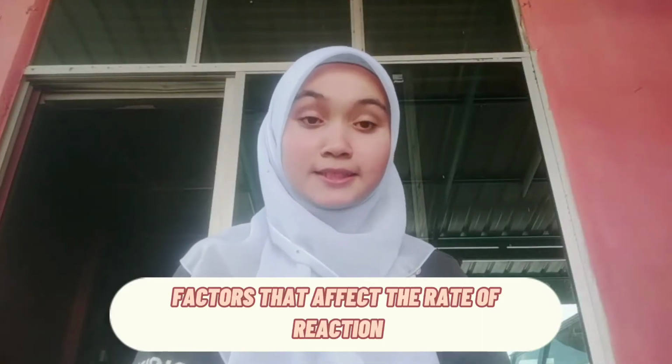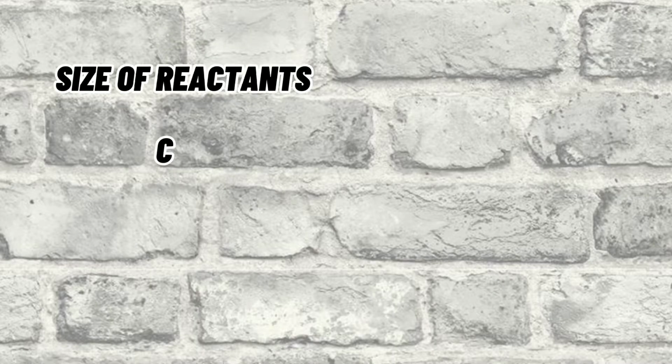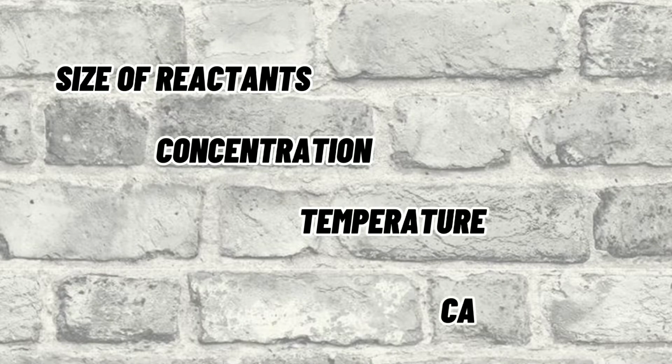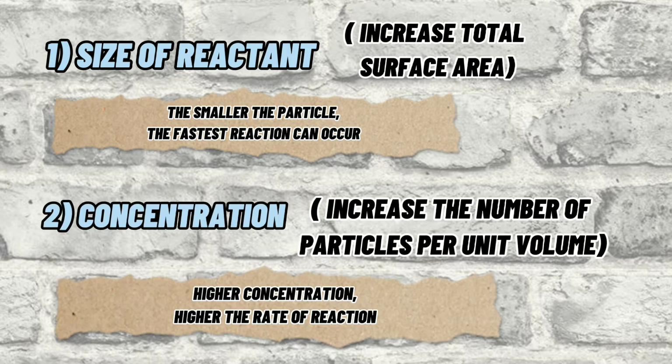There are 5 factors that affect the rate of reaction. That is size of reactant, concentration, temperature, catalyst. For the size of reactant, the smaller the particle, the faster the reaction occurs because it increases the total surface area. For the concentration, the higher the concentration, the higher the rate of reaction because it increases the number of particles per unit volume.